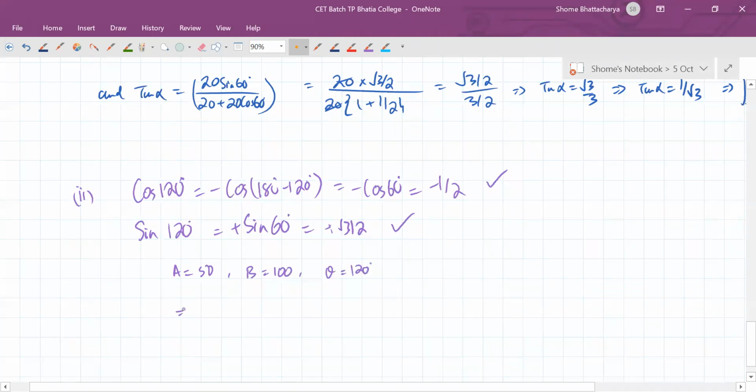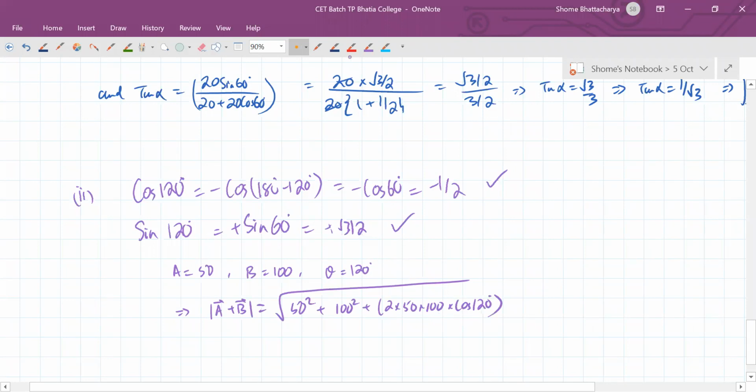Okay, so resultant has a magnitude of root of A square plus B square plus 2AB cos theta. Okay, so you use this value, substitute this here.